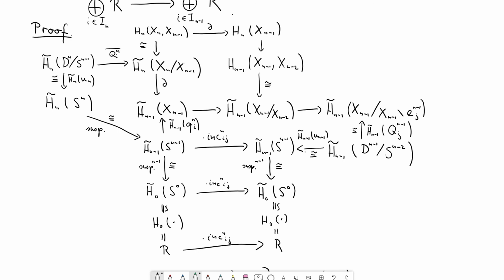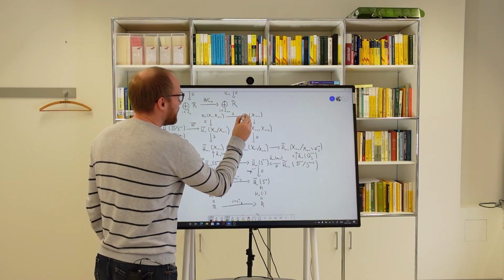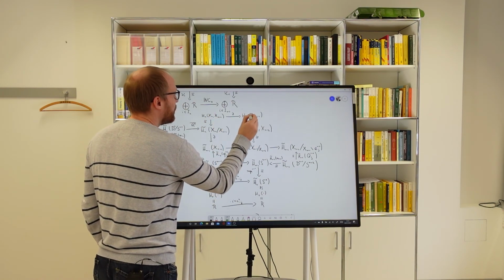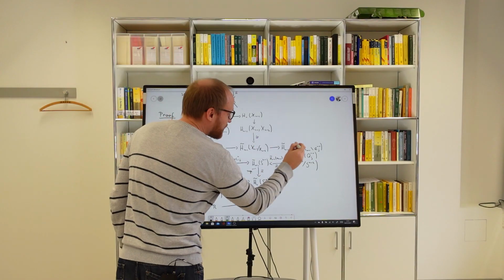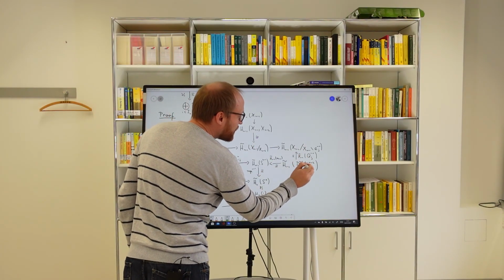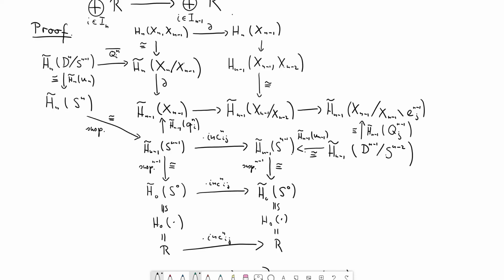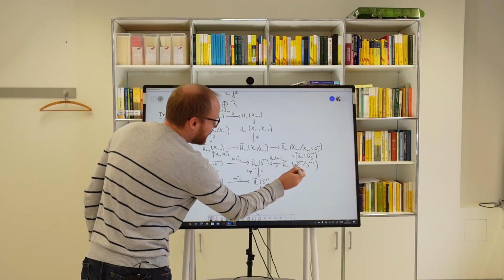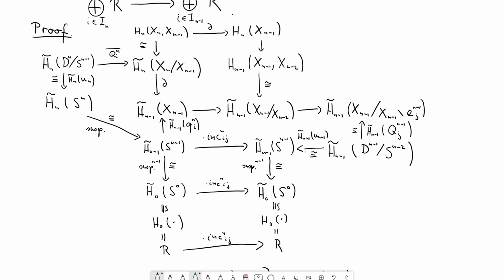So now if I follow this arrow, here I've got the inclusion of the i-th direct summand, and if I then apply the cellular boundary homomorphism, which is this composition here, and then I project onto the j-th summand, again in the direct sum decomposition of the (n-1)-st cellular chain module, then under these suspension isomorphisms here and here, this is the same thing as multiplying with the ij-th incidence number.